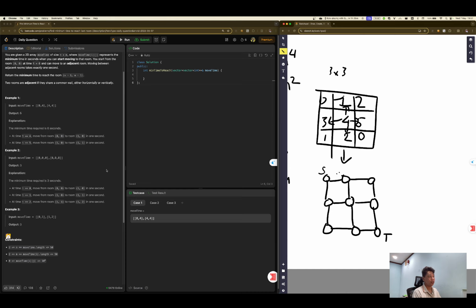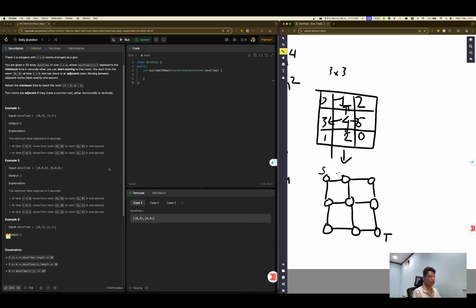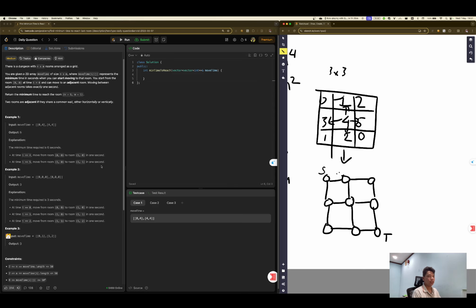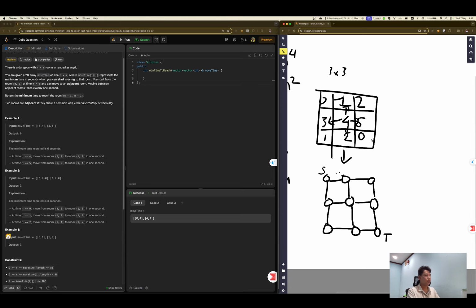Let's think about the weight of this graph. For example, from the first cell you can move to the next room, but you need to wait 1 second.